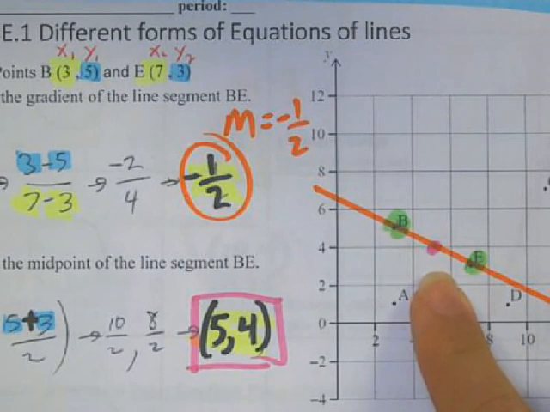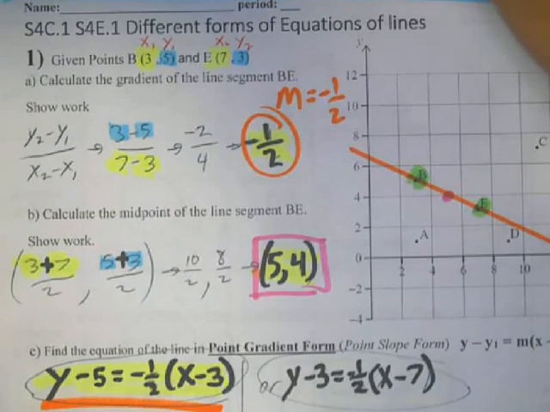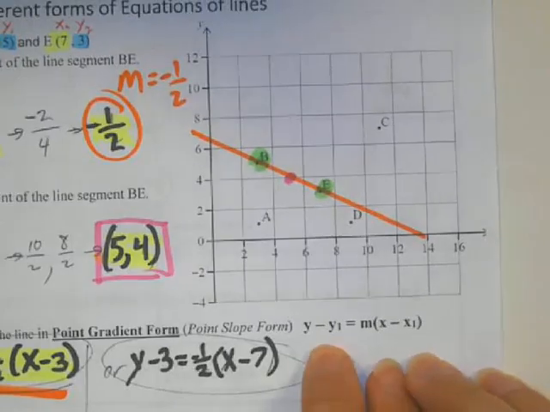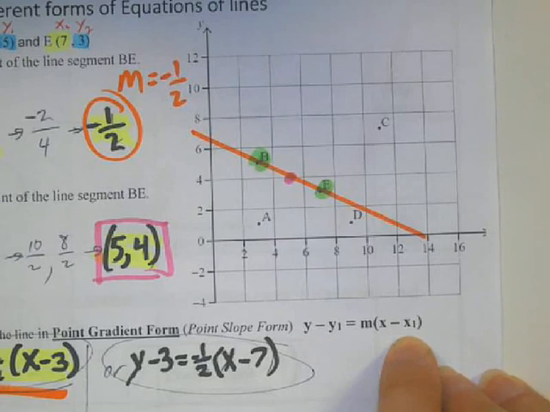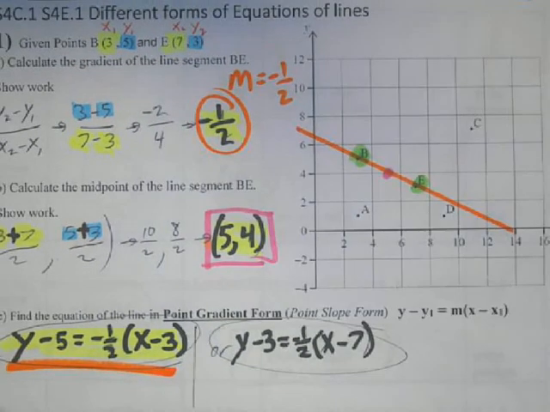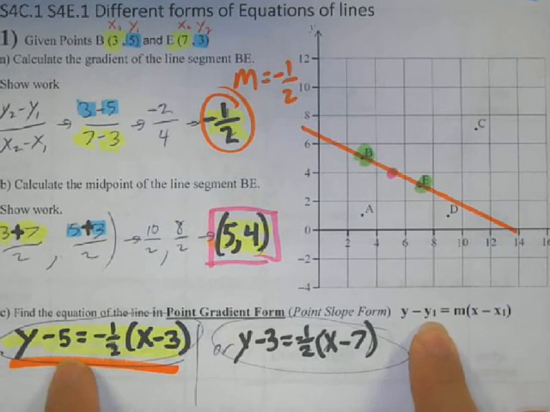Okay. Now, the next thing we're going to focus on is putting something in point gradient form, which looks like this: y minus y1 equals m times parentheses x minus x1. Basically, I'm replacing y1 with a y value.